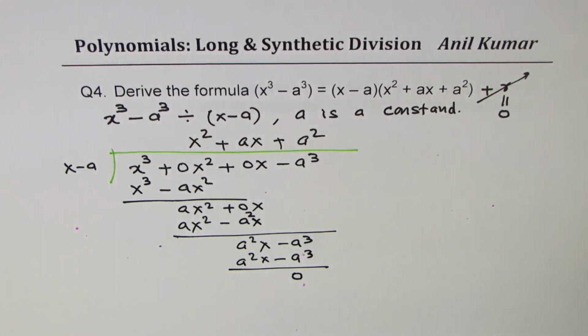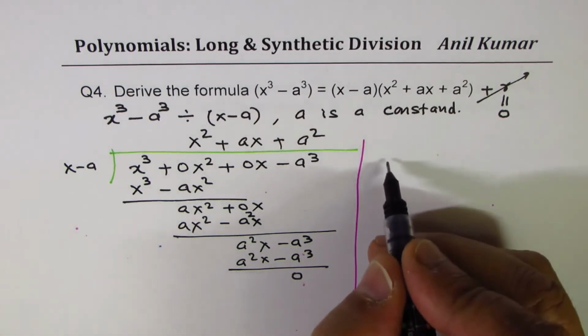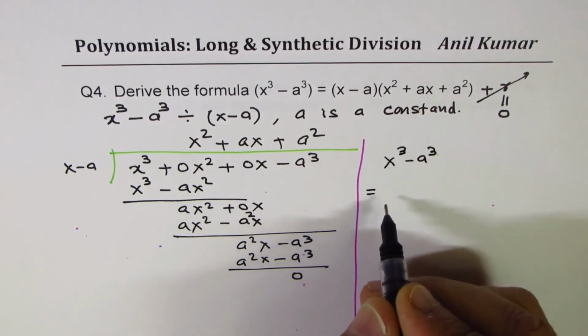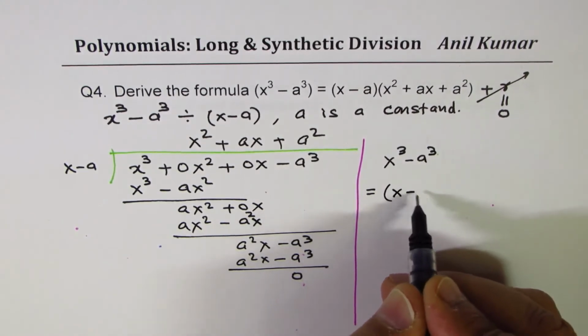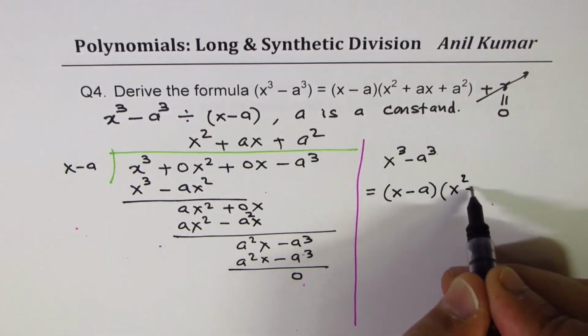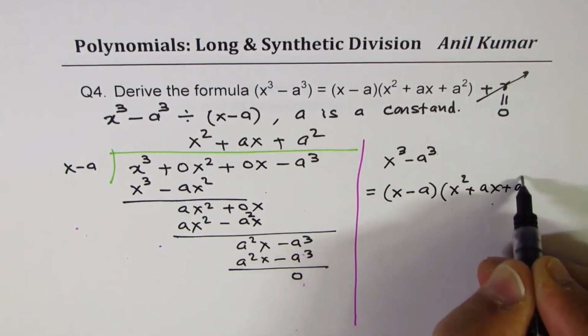Do you see that? Since the remainder is 0, we know x minus a is a factor, and we can now write that the function, which is x cubed minus a cubed, is indeed equal to x minus a times the quotient, which is x squared plus ax plus a squared.